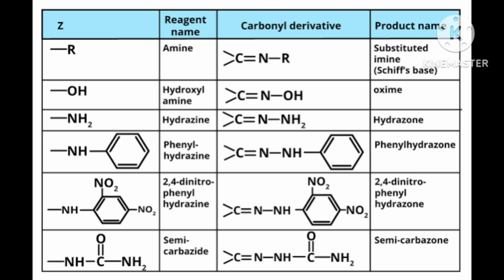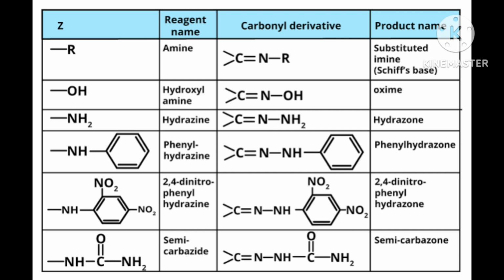Like that, if C6H5NH is there, meaning phenylhydrazine is there, then in the place of Z, this group will attach to the N. Z is now HNC6H5, meaning one benzene group and NH.